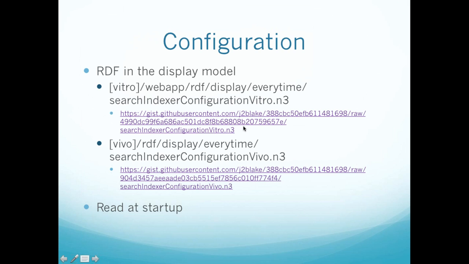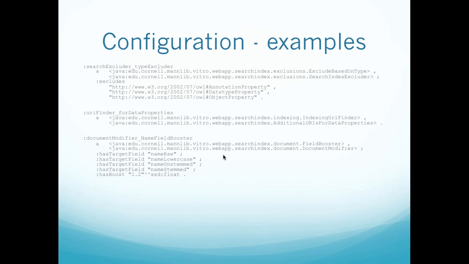These two files right at the moment, one is for Vitro and one is for extensions for VIVO. They're read at startup, which means that they are in the RDF display every time directory. And here's a couple examples. I'm sorry, I've gone to a slightly smaller font so I wouldn't have to edit it too much. I hope it's still visible.